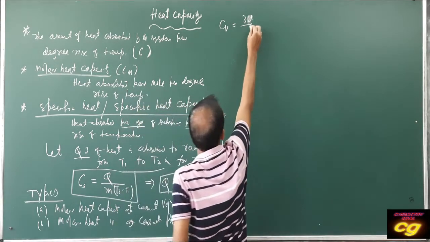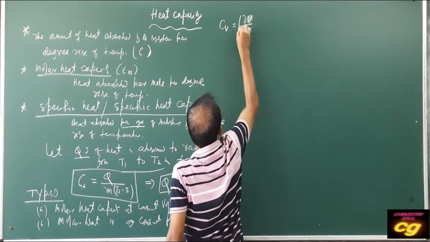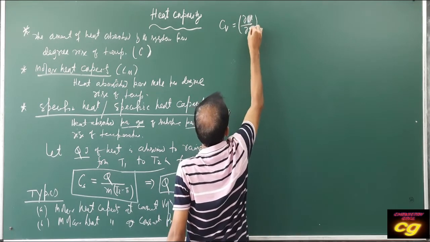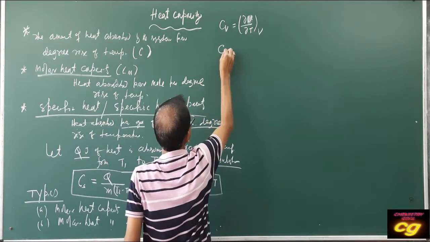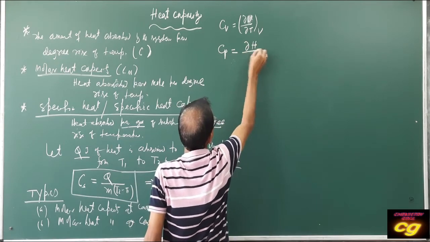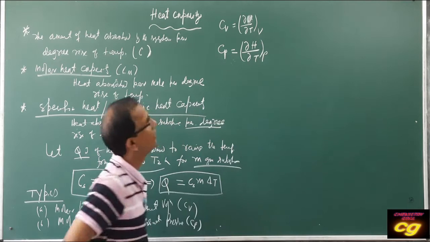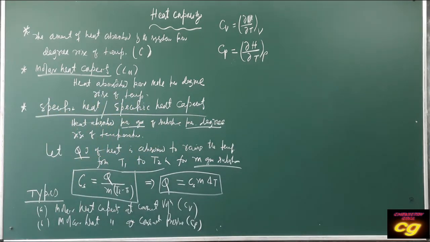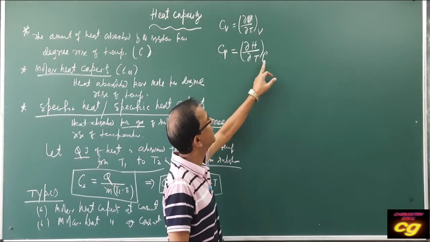So change in heat with respect to temperature at constant volume is called Cv. What is Cp? Cp is the change in heat, meaning enthalpy, with respect to temperature at constant pressure. So Cv is equal to del U by del T at constant volume, and Cp is equal to del H by del T at constant pressure.